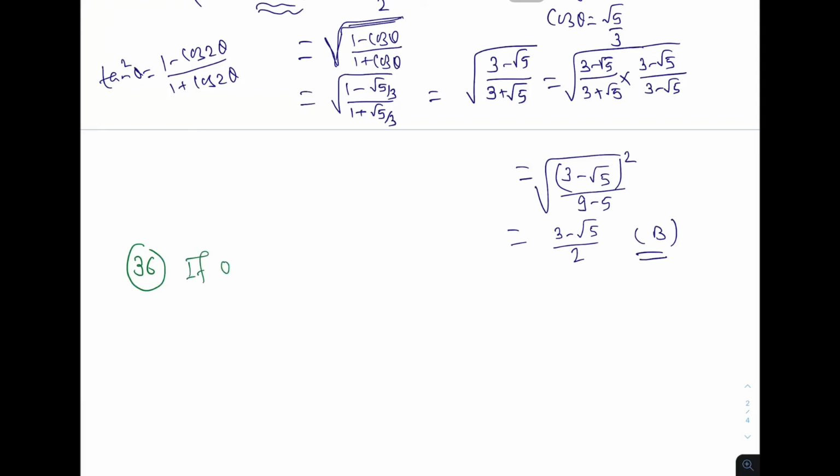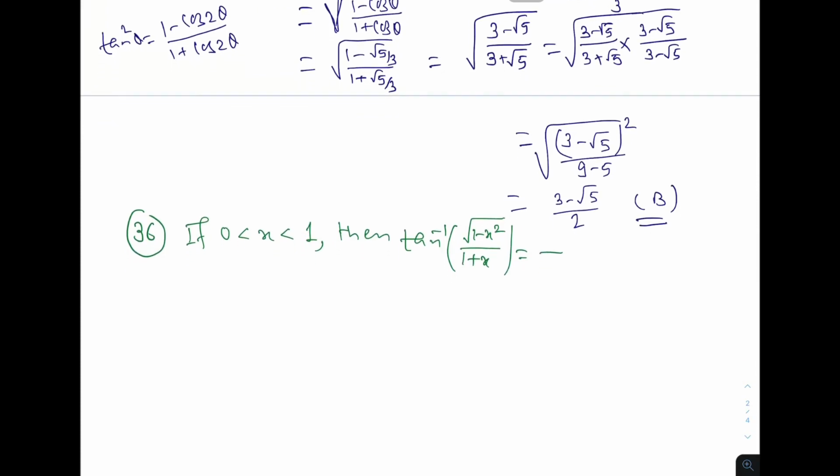If 0 less than x less than 1, then tan inverse root 1 minus x square over 1 plus x is blank. Options are 1 by 2 sine inverse root 1 minus x by 2.